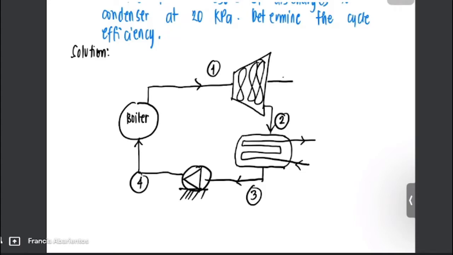Sa turbina, we have work to generate electricity. We have also the condenser at point 2 to point 3.